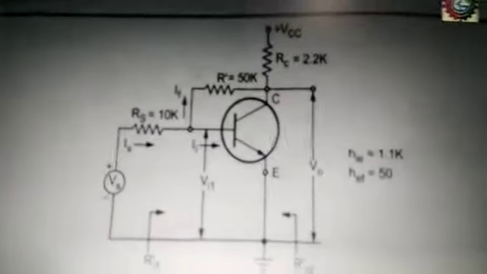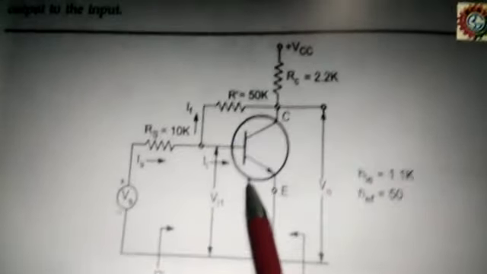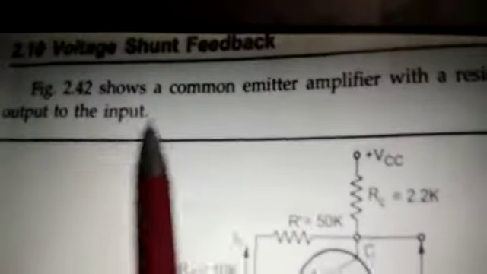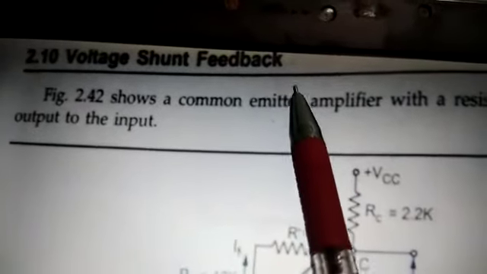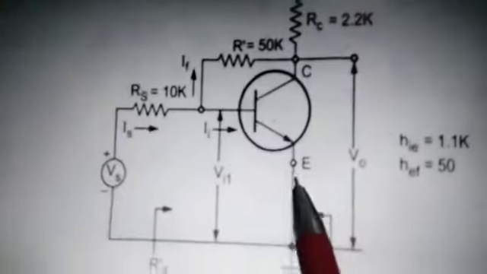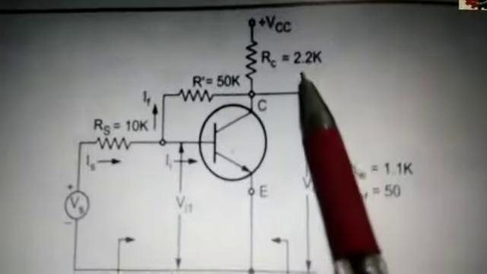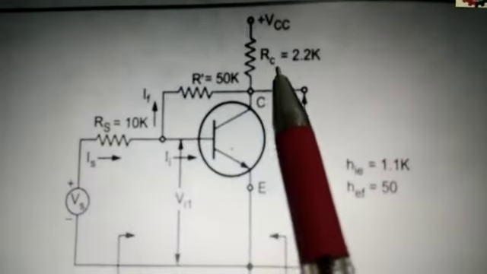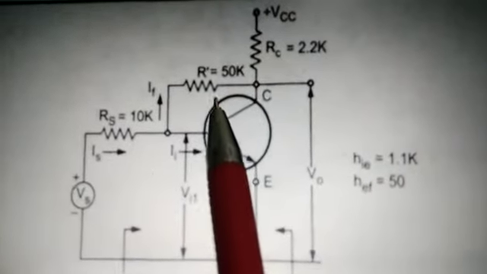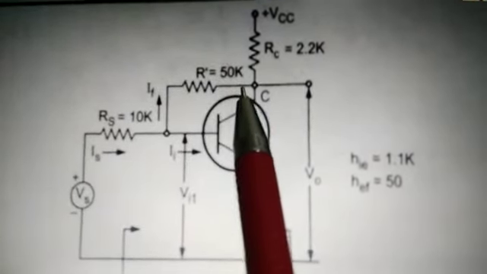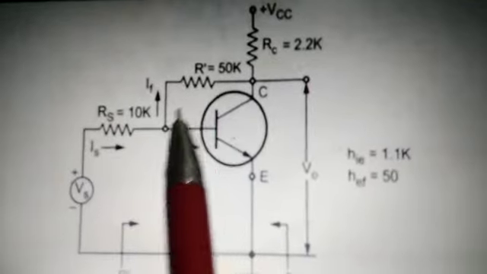You can see this diagram here. This particular diagram is of a voltage shunt feedback amplifier. In this circuit, the values are given. RC is equal to 2.2K. This R dash is equal to 50K, which is a feedback resistance.